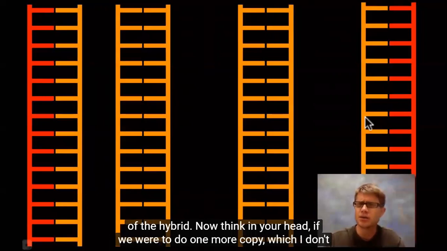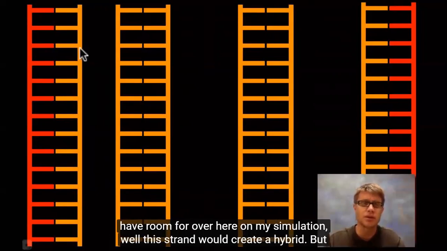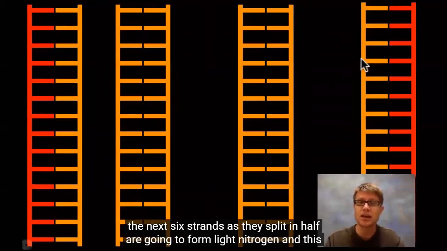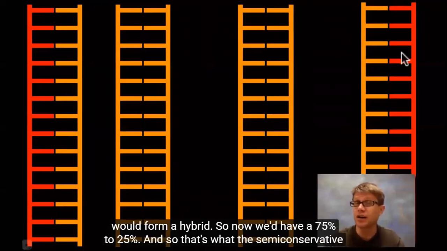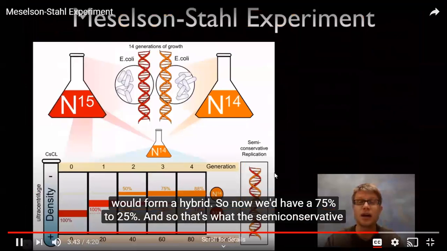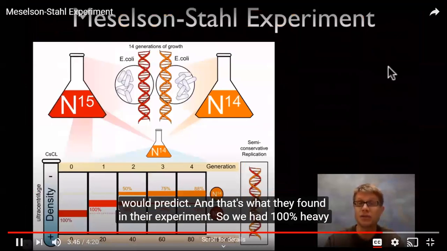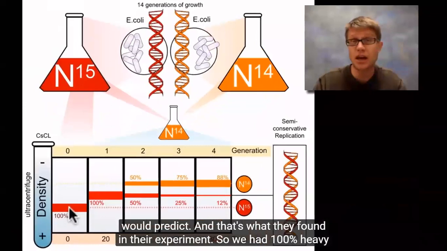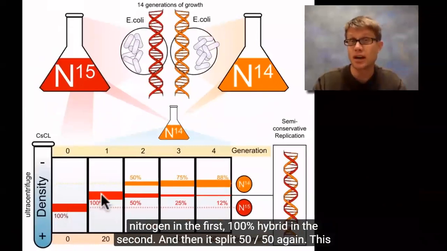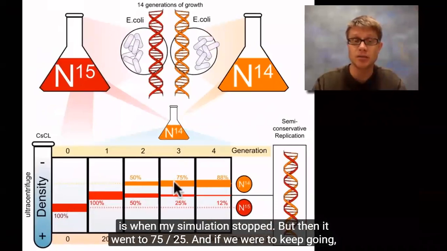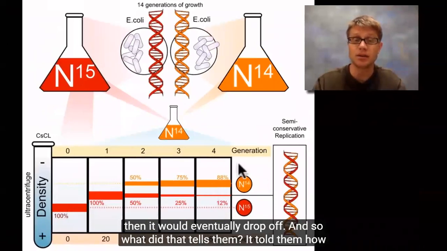Now think in your head if we were to do one more round of replication. Now we have 75%. That's what the semi-conservative model predicts, and that's what they found: 100% hybrid in the first generation. So what did that tell them?